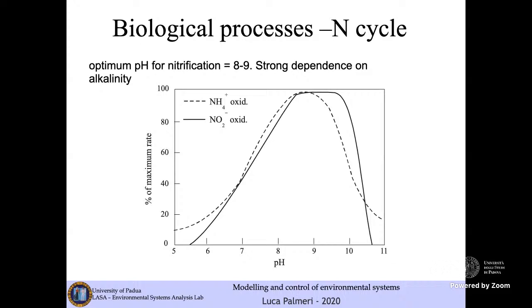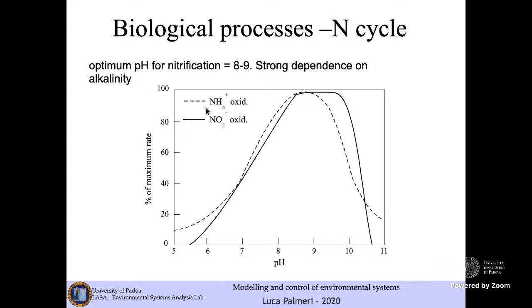The biological process of the nitrogen cycle is dramatically dependent on temperature and pH. In particular, there are optimum pH ranges for nitrification, expressed by these curves, between 8 and 9 pH. There is a strong dependence also on the alkalinity. So we have two different dependencies for the oxidation processes.